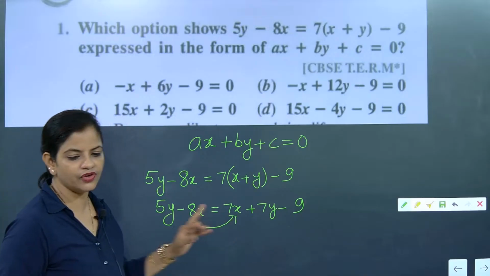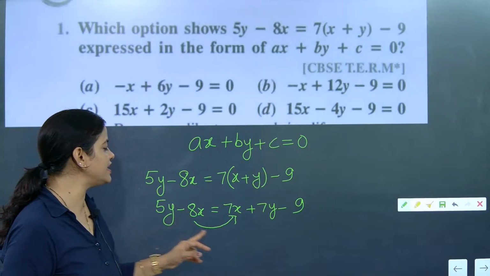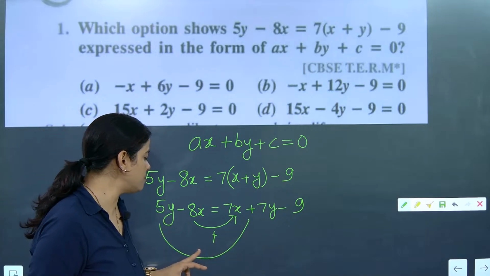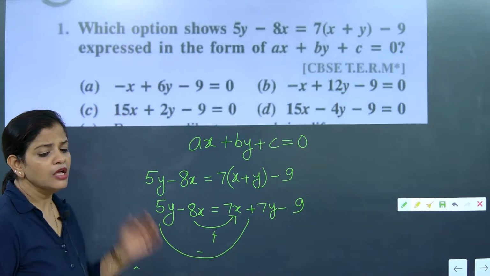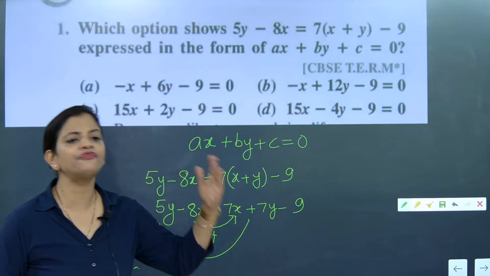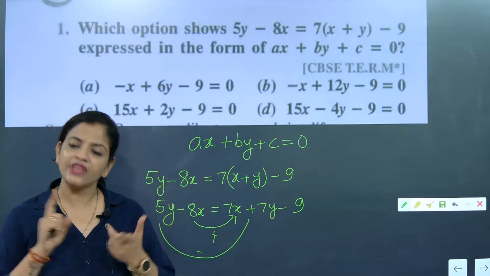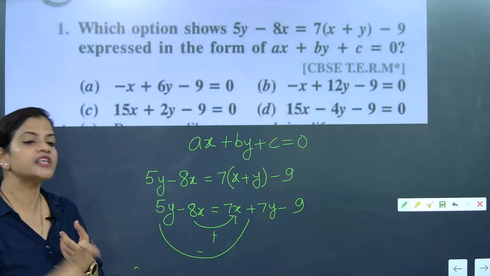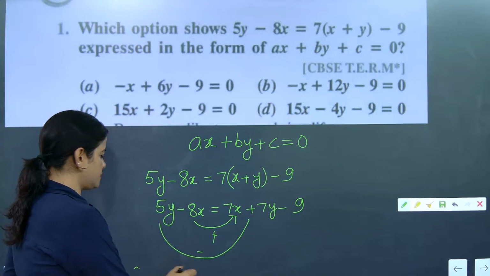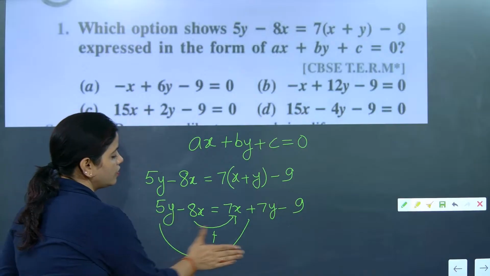Once it is shifting this side, minus 8x will become plus, and plus 5y will become minus. Understood? So whenever any variable or any constant is shifting from left to right or right to left, there will always be a change of sign. Very good.